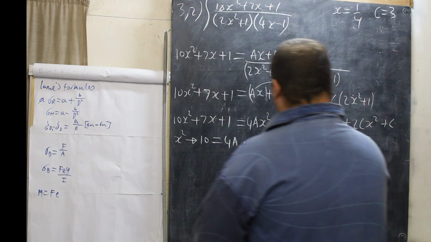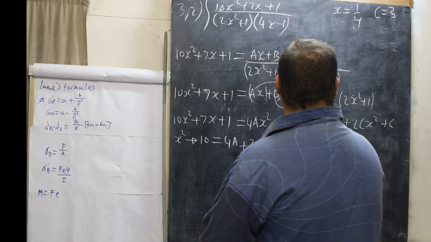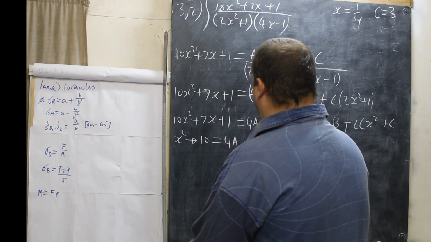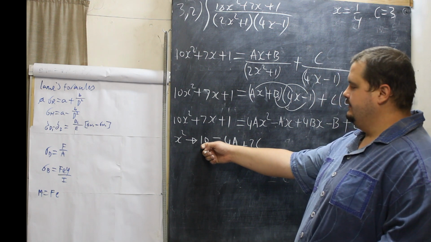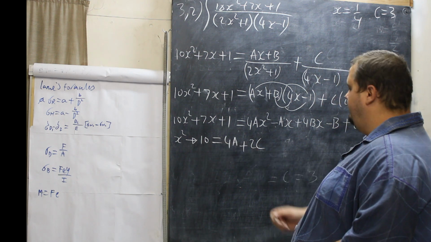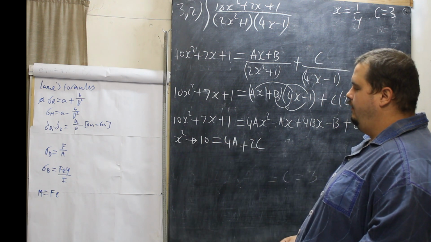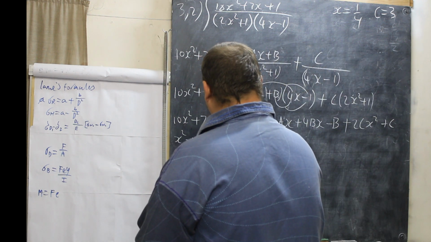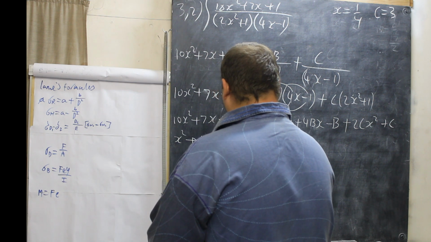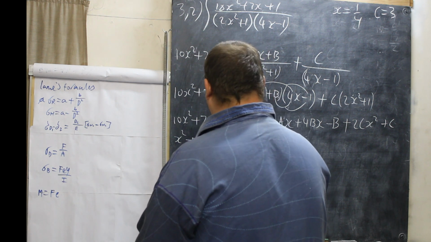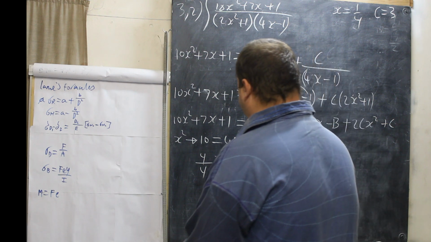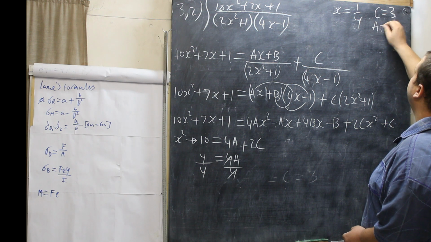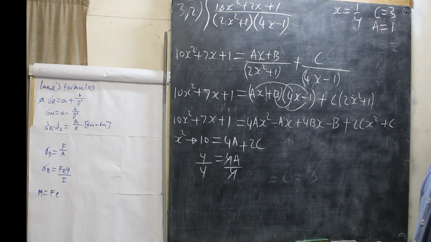So what we have here is 2c, 3 times 2 is 6. So 10 minus 6 is 4. So we've got 4 equals 4a. Divided by 4, divided by 4. Cancel, cancel. A is equal to 1. A equals 1.